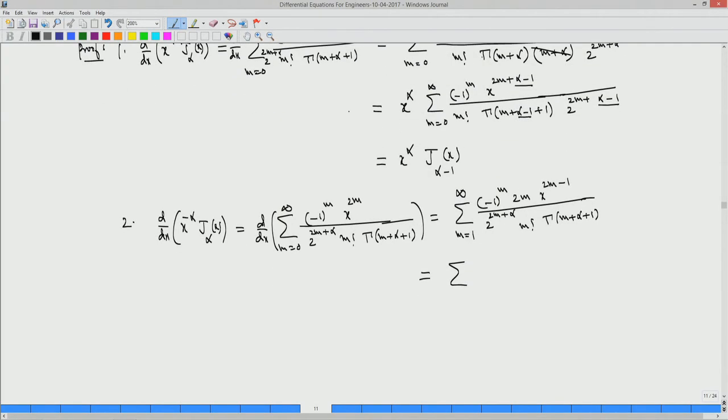So, you take that x power minus alpha out, and you have to add it back: 2m x power 2m plus alpha minus 1 divided by 2 power 2m plus alpha, m factorial gamma of m plus alpha plus 1.